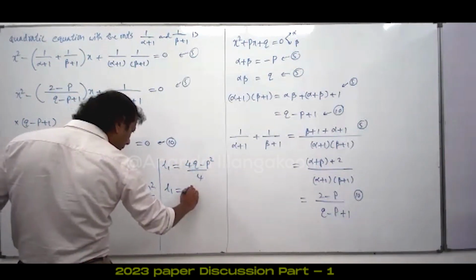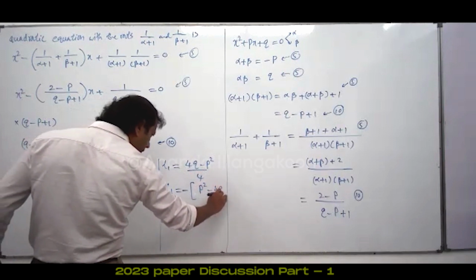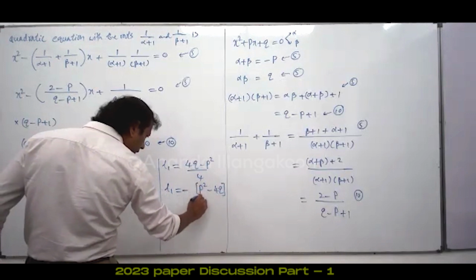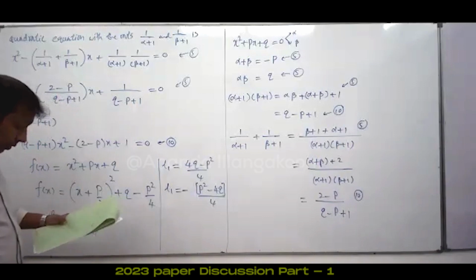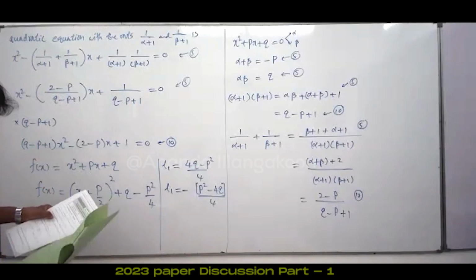L1, take the minus sign out, p squared minus 4q divided by 4. But we are given in this question delta as p squared minus 4q.